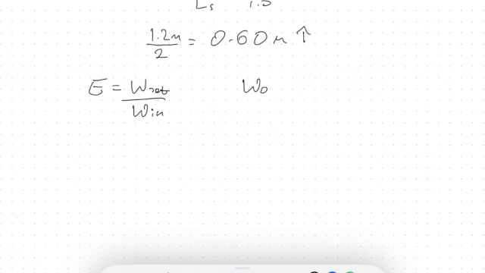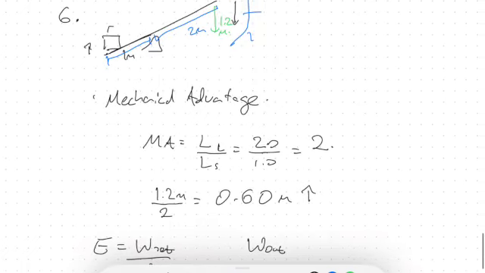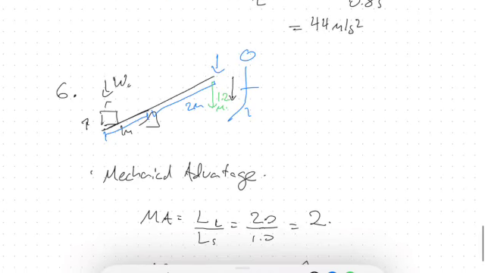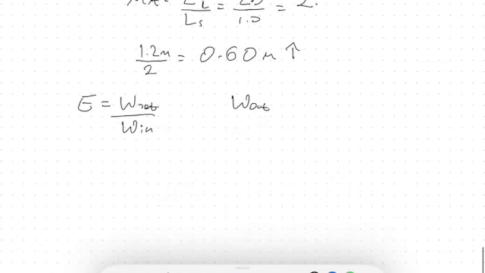Work out is what happens to the rock, and work in is what our friend does. So work out is force times distance, and this will be the force of gravity times the distance.